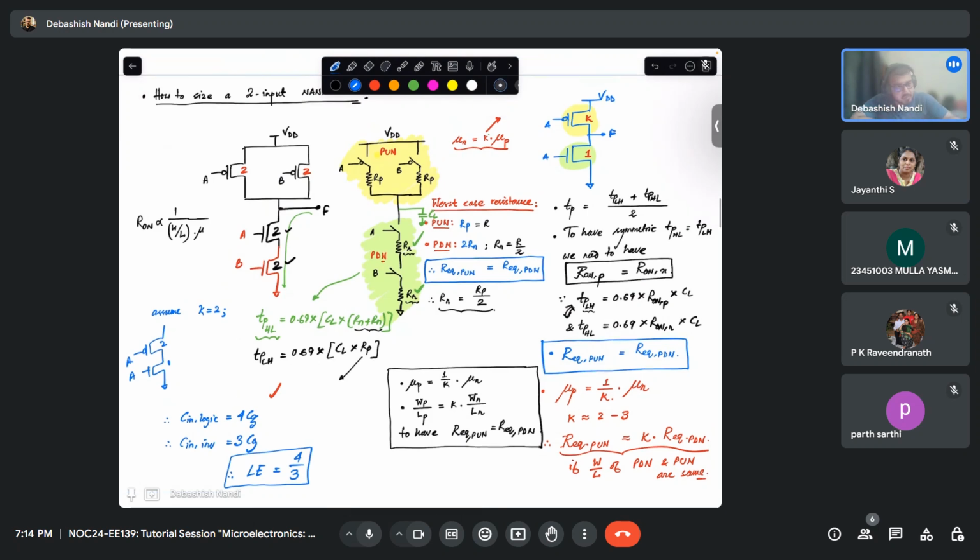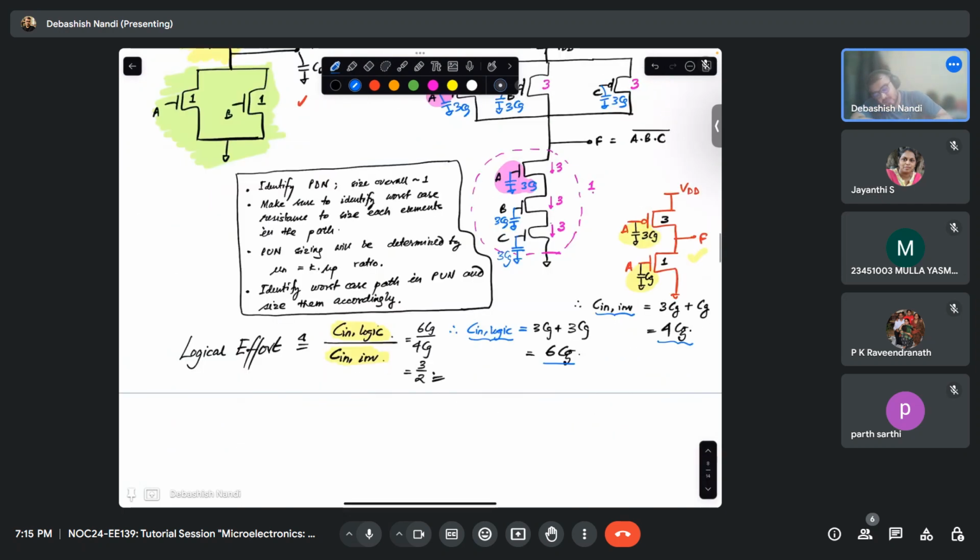Because your number of inputs will determine how much is getting connected in the series path, and that will also dictate the sizing of that path, the worst case path, and thus that dictates the sizing of your capacitances also, and thus that dictates the logical effort value.